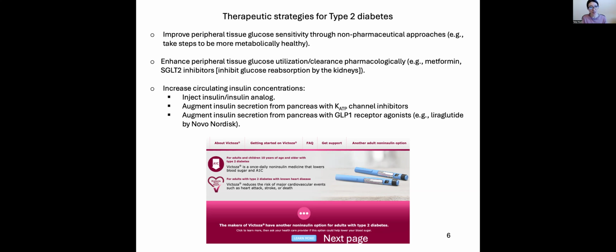We can also enhance the peripheral tissue glucose utilization or clearance pharmacologically, such as through taking metformin or SGLT2 inhibitors. So what is SGLT2 and what are SGLT2 inhibitors? So SGLT2 is a transporter that's present in our kidney.